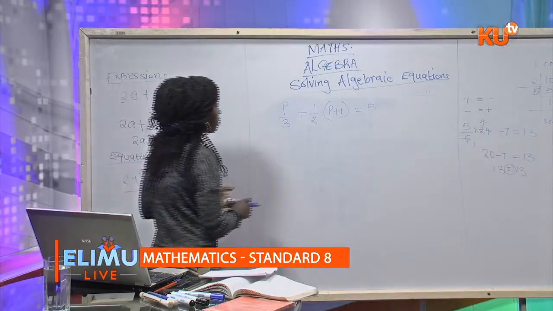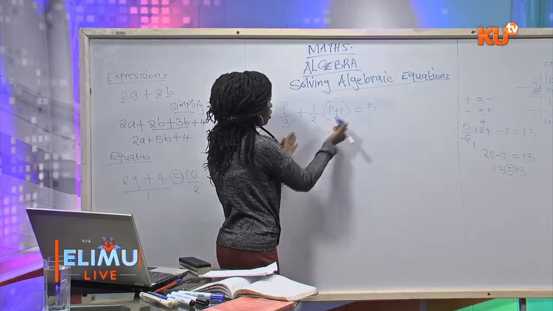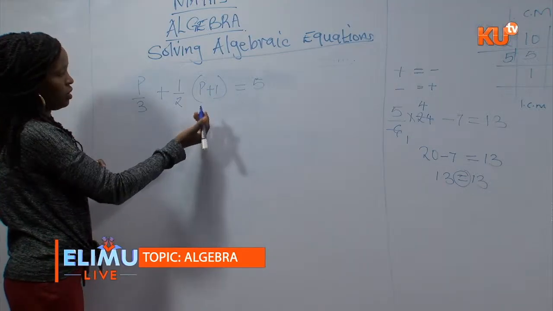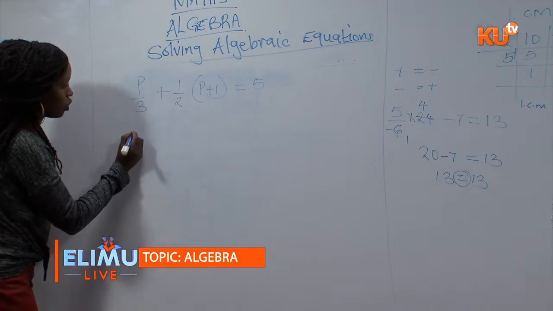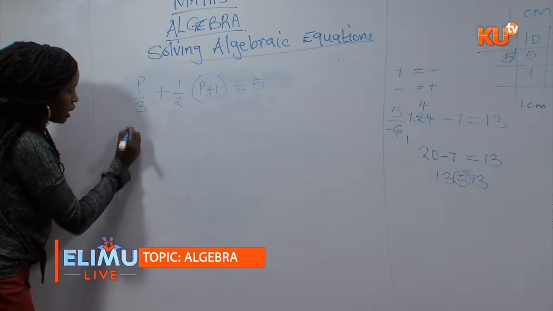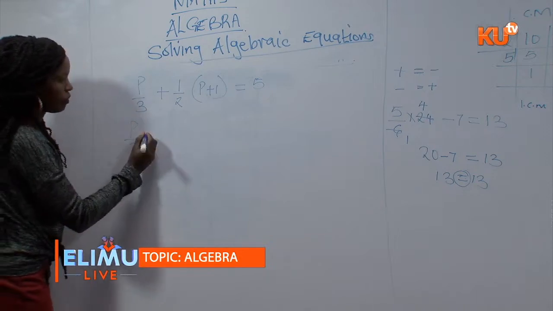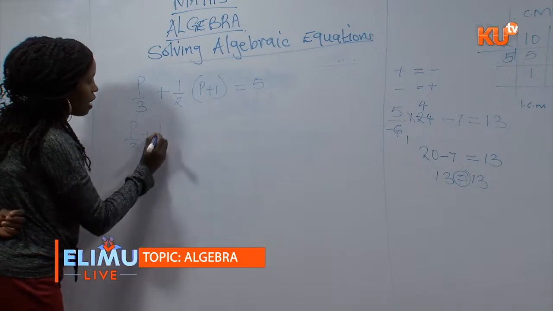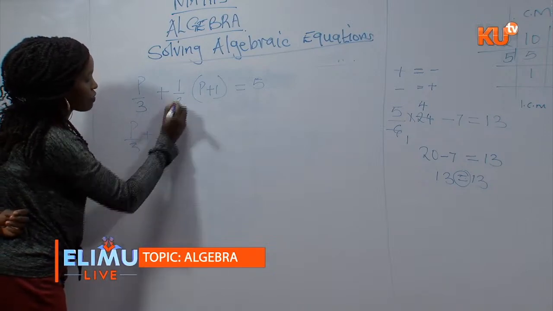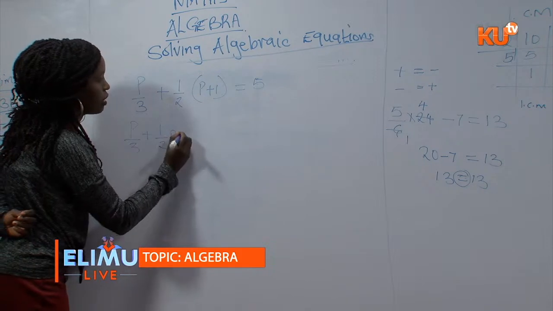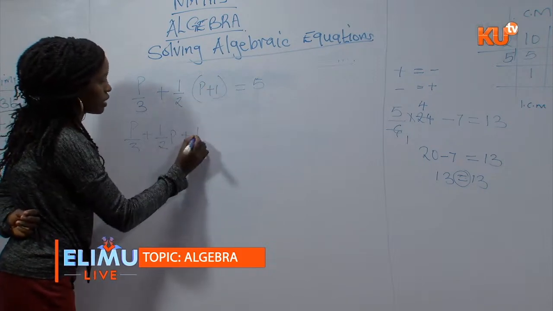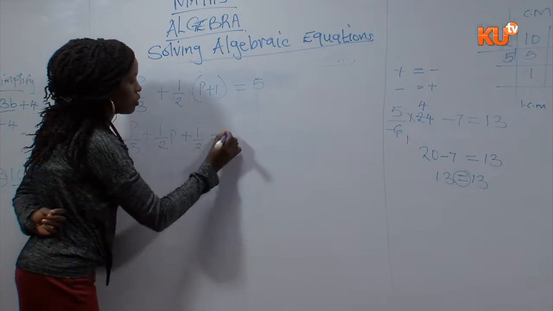Remember here you have a bracket in between, so we have to open up first so that we can be able to solve. So this is going to remain the way it is as p over 3 plus a half times p, we get a half p, plus a half times 1, we get a half, is equal to 5.